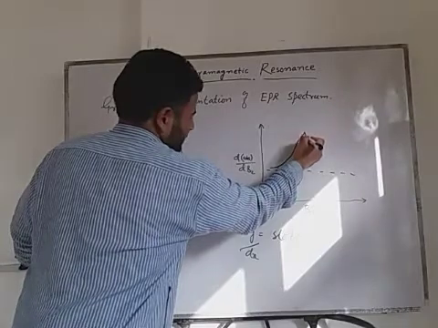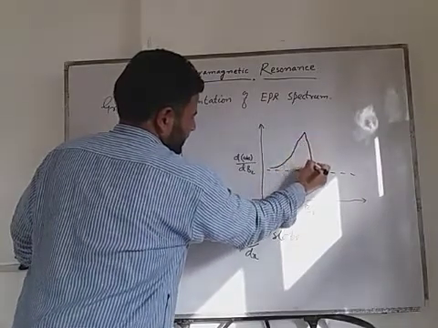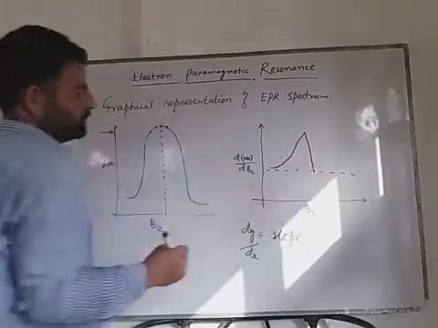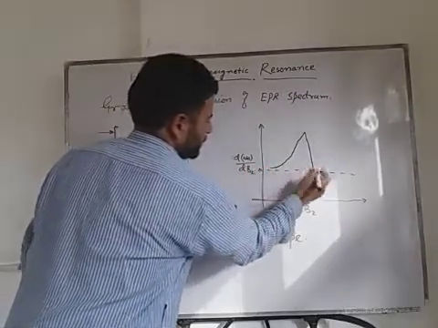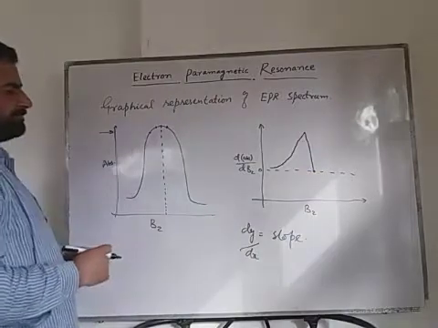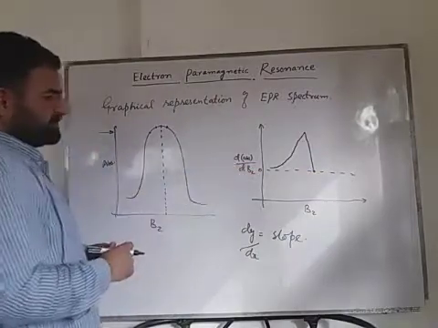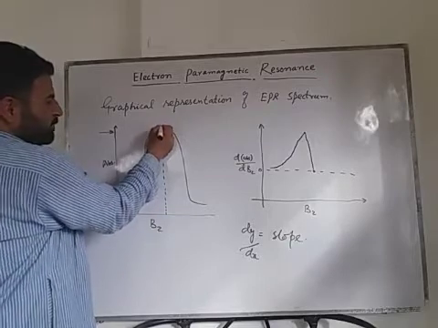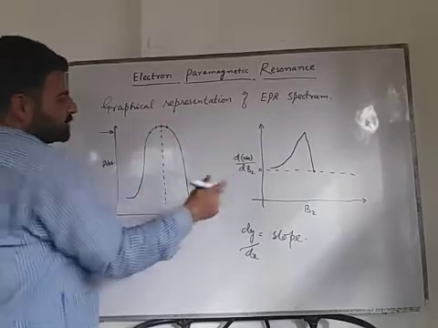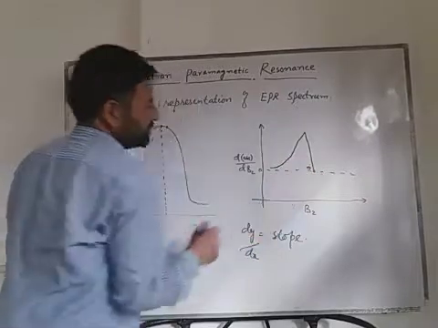Now the slope will decrease, and ultimately it will come here to 0. This is the 0 value of dy by dx, or d absorbance by dBz, the first derivative. At this maxima point, there will be no change in y with respect to x, so it will come here at the 0 value.